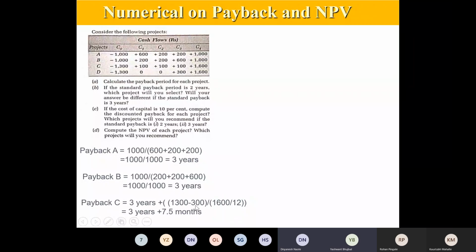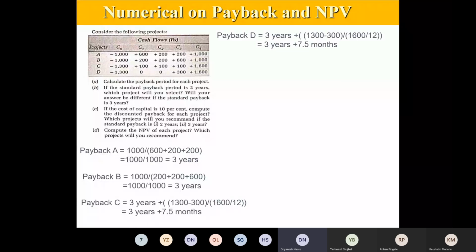What remains is 1,000 rupees to be covered in the fourth year, which is giving you 1,600 in a year. So will it not remain the same? Project payback for C as well as D will remain the same. 1,000 divided by 1,600 by 12 is 7.5, correct or is it wrong?